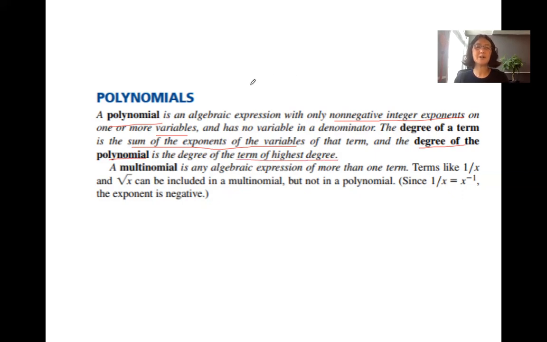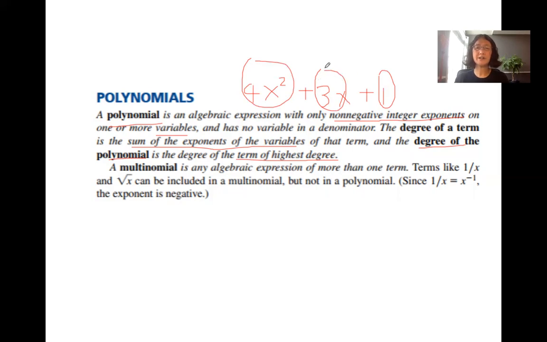For example, if we have an expression 4x squared plus 3x plus 1, this is a polynomial. In this polynomial, we have 3 terms, one term, another term, still another term. The degree of the first term is 2.